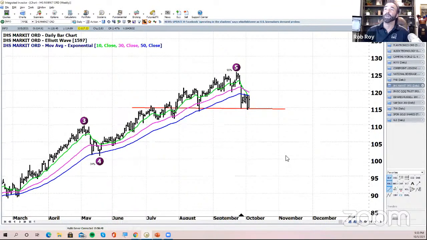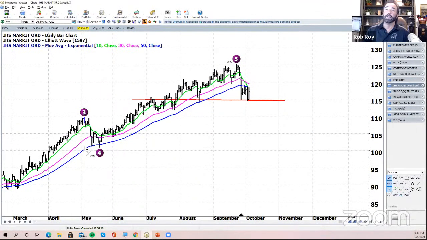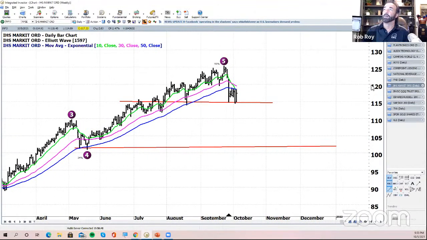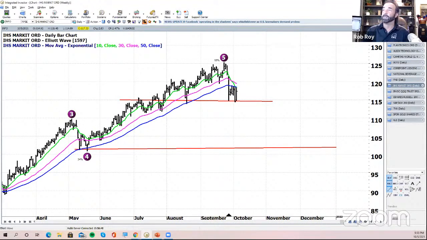But if it can't hold that, the eventual target is back to this previous floor, because the wave 5 extension was only 95%. Our subscribers are aware of, because they've been participants in our education, that if you have a wave 5 that extends more than 100%, you only look for a 61.8% correction. But if the wave 5 extends less than 100%, then the corrective move is back to the previous 4. So that would be the target there.